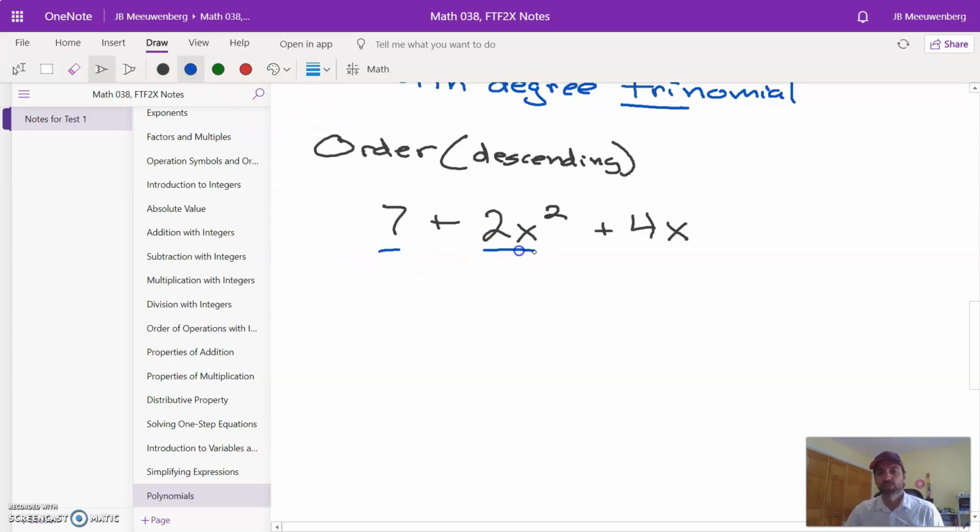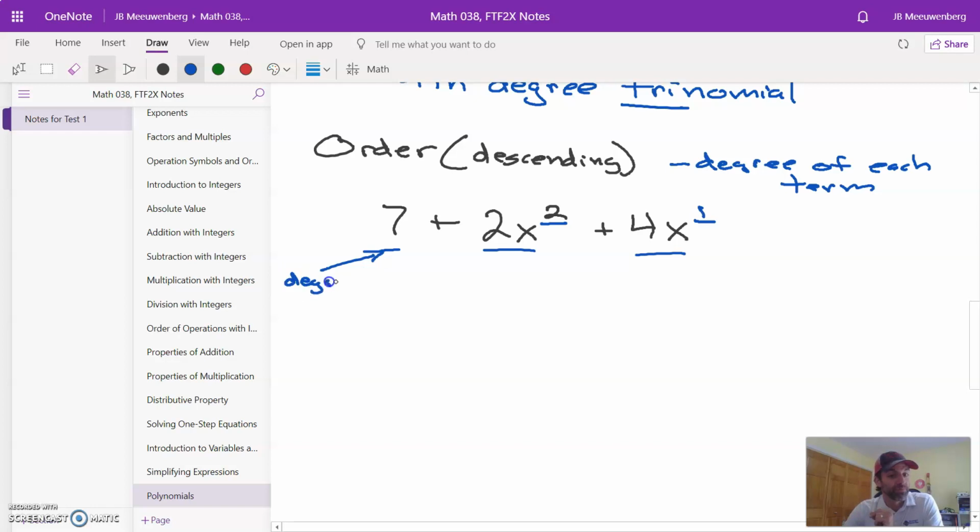We have 1, 2, 3. So, now what I wanted to look at is the degree of each term. So this has a 2, so that's degree 2. This has a 1, so that's degree 1. Constants, a constant is actually a term of degree 0.